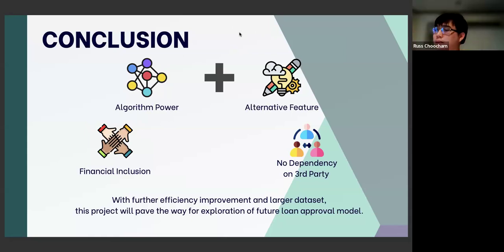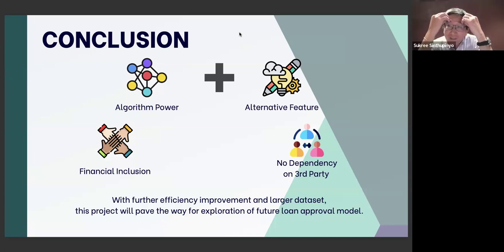LightGBM can handle many missing values in data that other models do not handle very well, and it can train at a faster speed compared to other boosting algorithms like XGBoost. So with a very large data set, we decided to use LightGBM for this project.